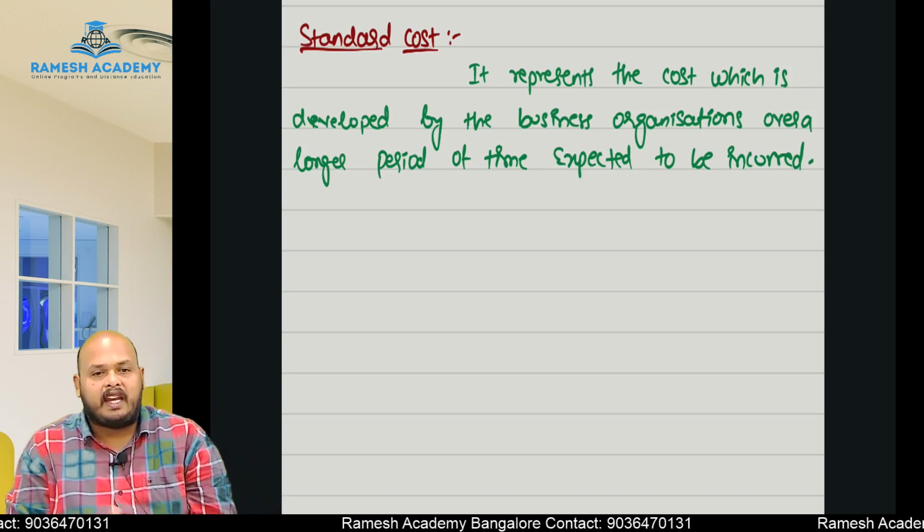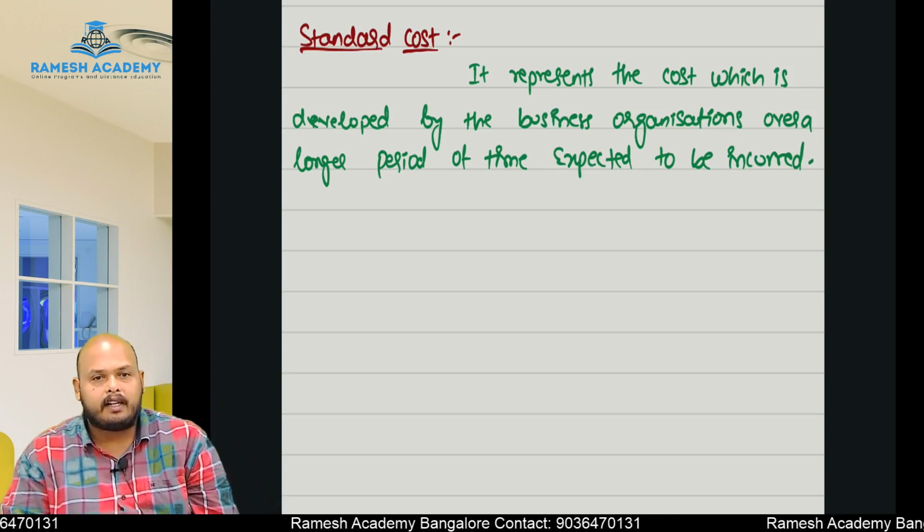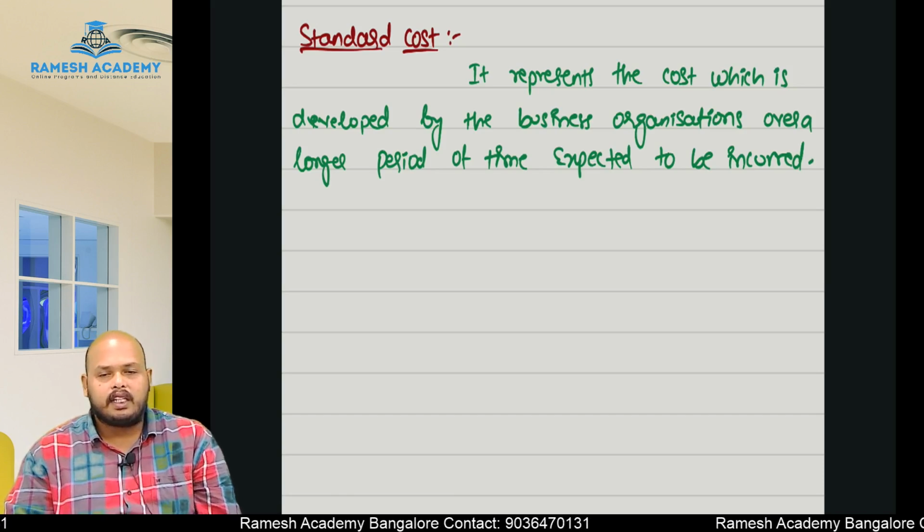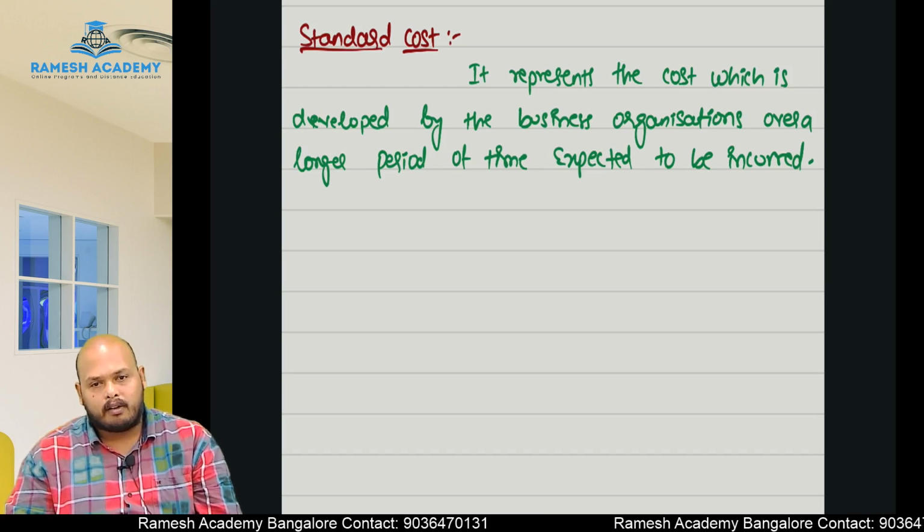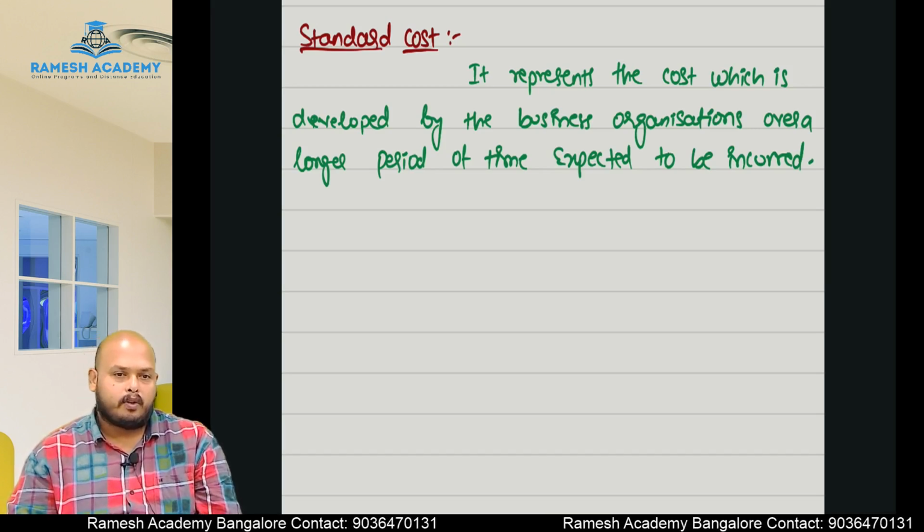So, what do you mean by standard cost? Standard cost is nothing but the cost which is developed by the business organizations over a longer period of time, which is expected to be incurred.